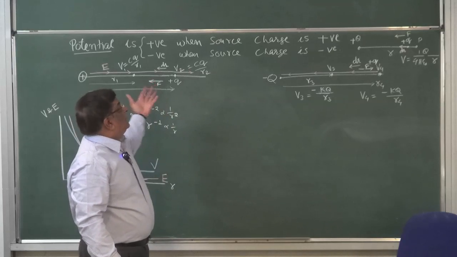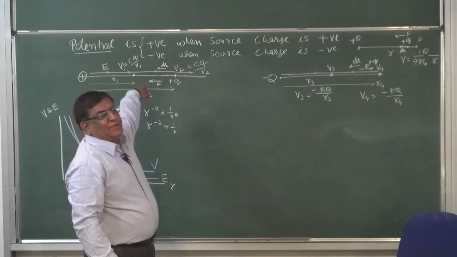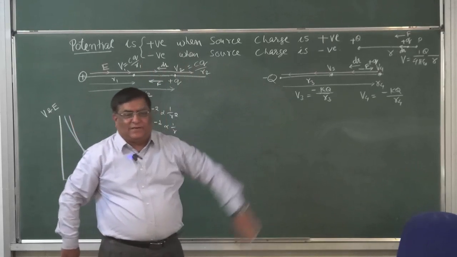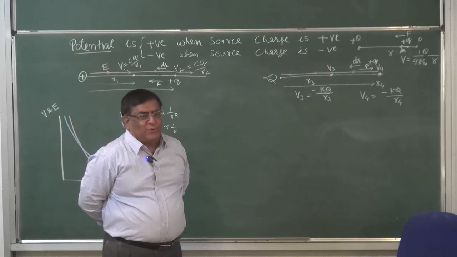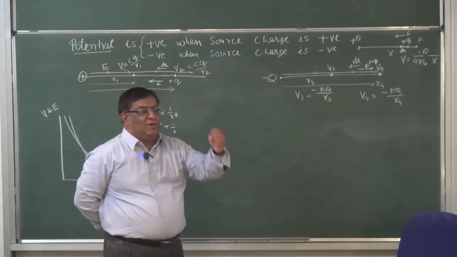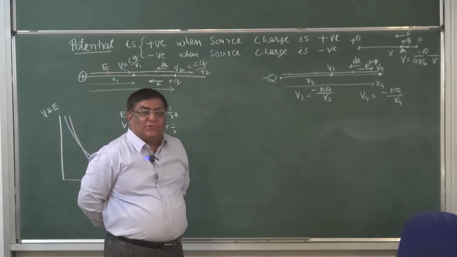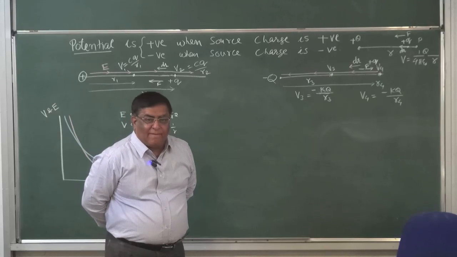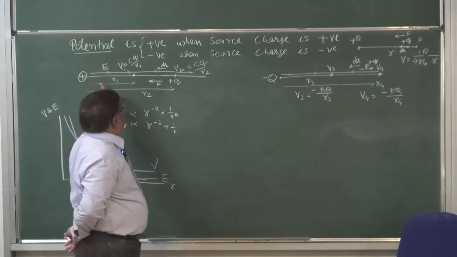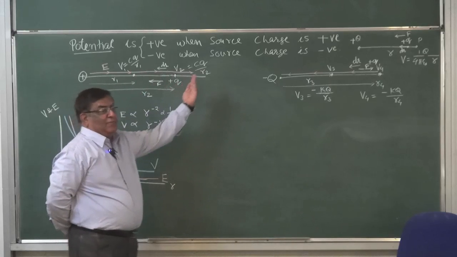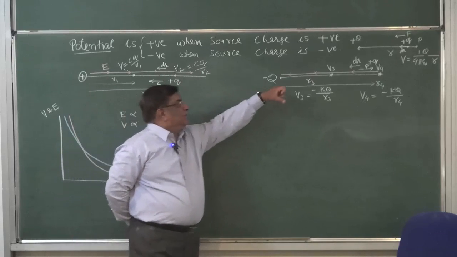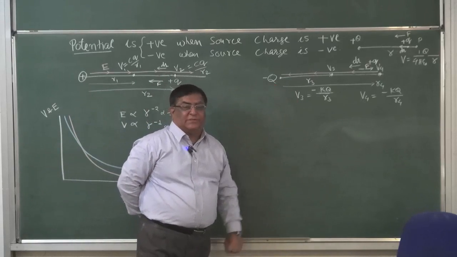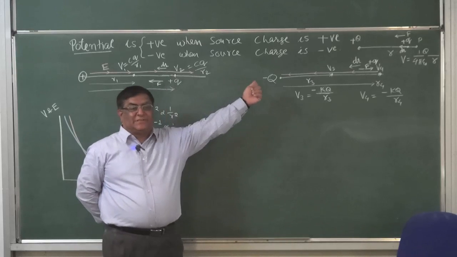Now what is the difference between the two? Why here potential is positive and why here negative? I am the one who is doing the work on a test charge plus Q. Then why positive and negative? Because here there was a force of repulsion, I have to apply force. Here there was a force of attraction, I have to apply force in this way. Why repulsion, why attraction?